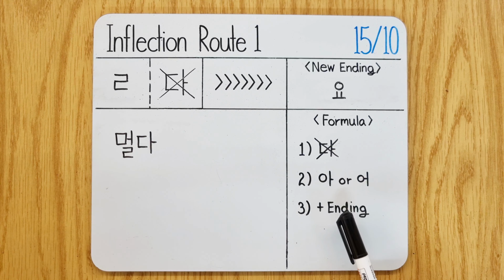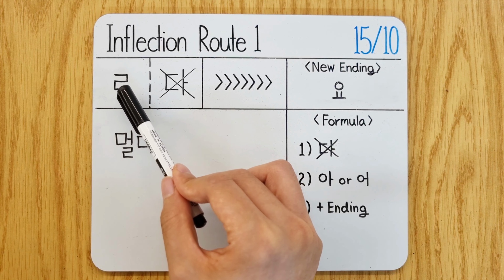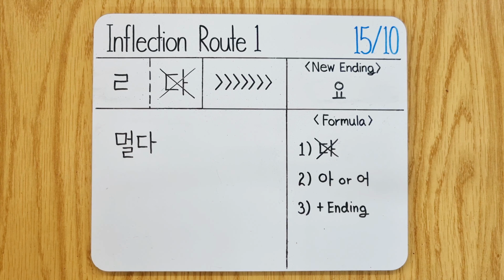It is familiar, right? It is the three-step formula that we used for the G, N, and the majority of the D situation.